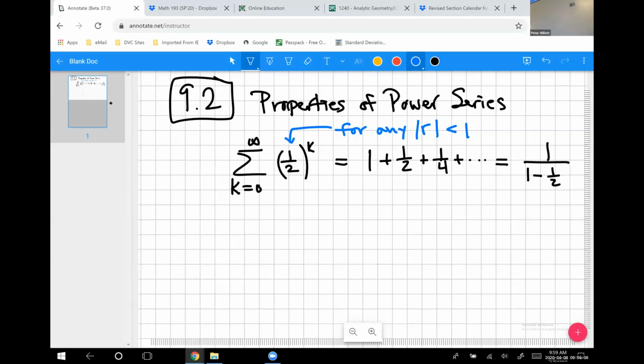Any number r with an absolute value of less than 1, then you can use this formula, 1 over 1 minus r, for this specific case. Now, of course, we could also start with a different number than 1, like a 7, then every term here would have a 7 on it. But you can also imagine that that just got factored out of the summation, and then you would have this simple form of the formula.